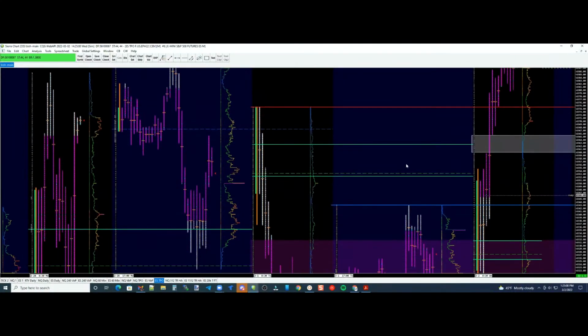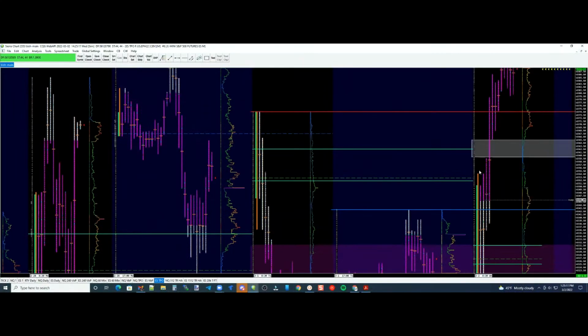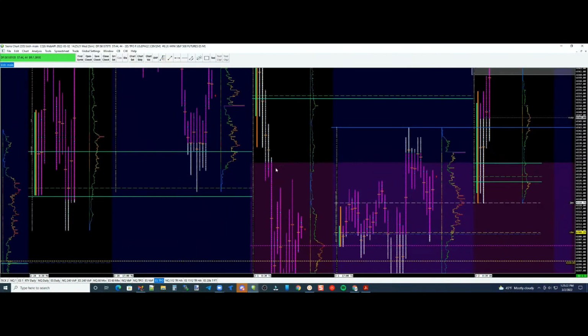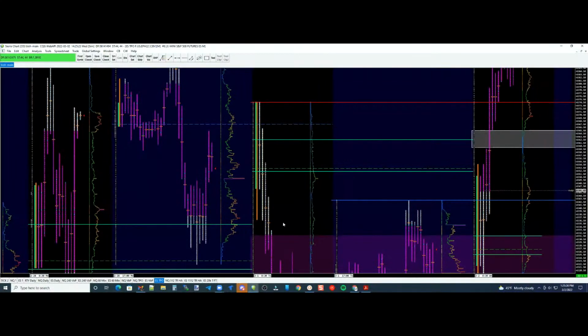Now, here's the problem with that. I have seen people immediately get long, but look, we broke the IB high and then we came back down in. Are you going to sit through 10 points of heat? No, of course not. So it's not just straightforward cut and dry, but the thought process is if you get accepted outside the IB high, you go higher. If you get accepted outside the IB low, you go lower. If you have a massive IB, you could stay in the IB and just rotate.